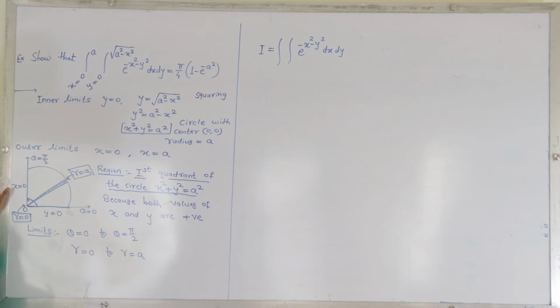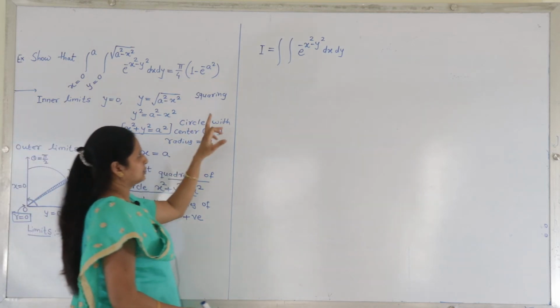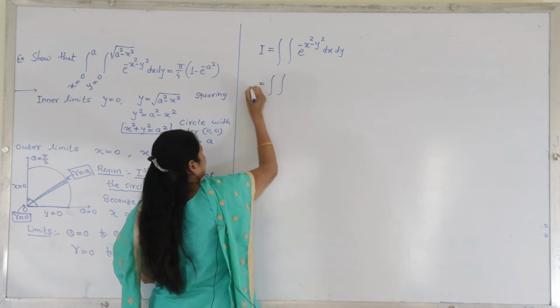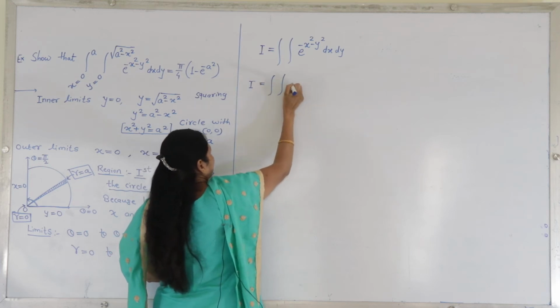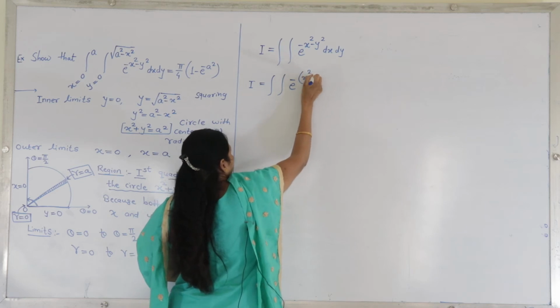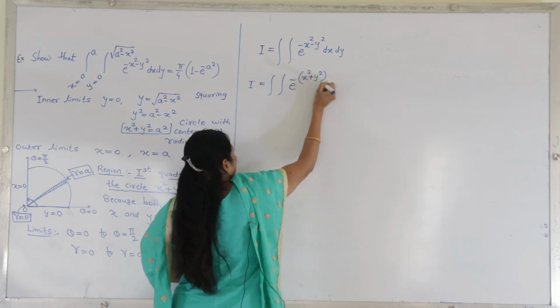Generally when there are regions like circle, ellipse, then you can easily use polar form. Because again, this integral is containing e raised to, double integration. If you take minus common here, then in bracket it becomes x square plus y square.